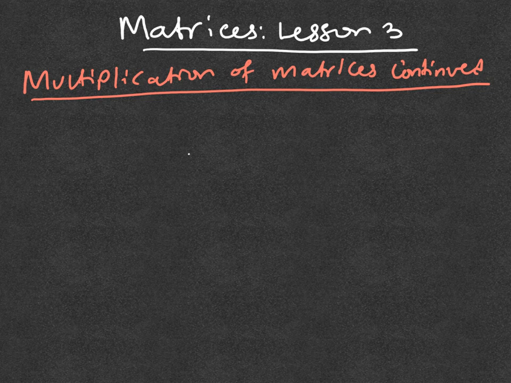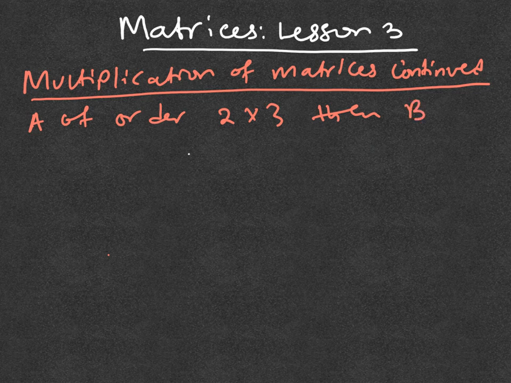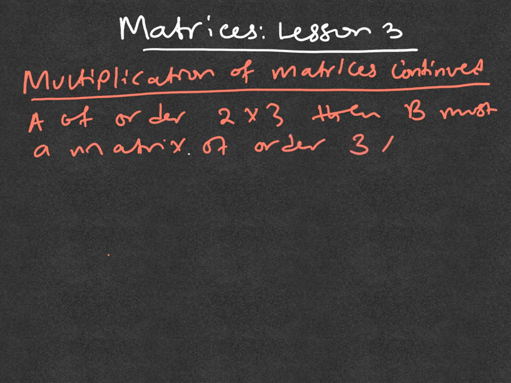So if I had my matrix A of order 2 by 3, then B must be a matrix of order 3 by whatever, maybe by 4, by 5, I don't mind. But what is important here is the number of columns in the first must be equal to the number of rows in the second. That's the most important thing here, and that's what we are calling the compatibility test for matrix multiplication.